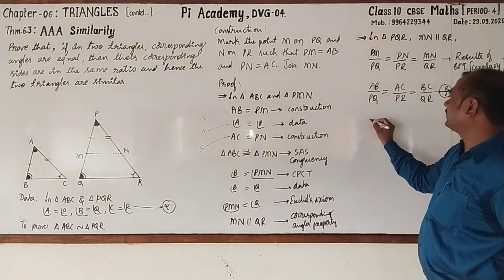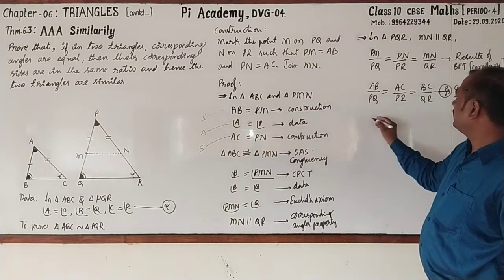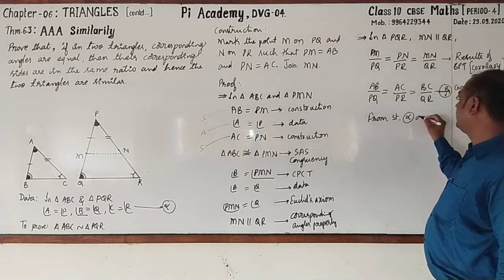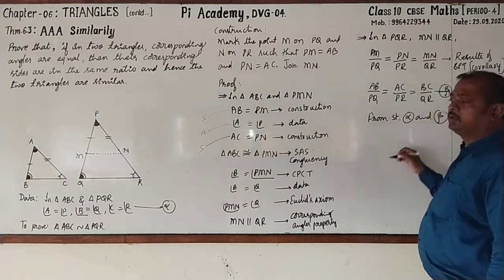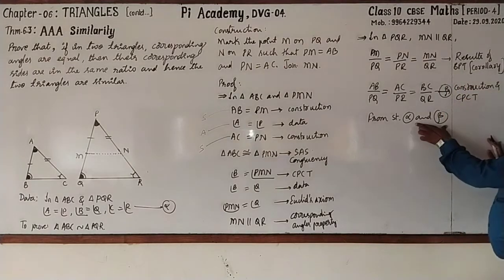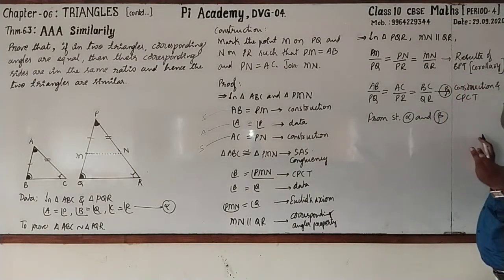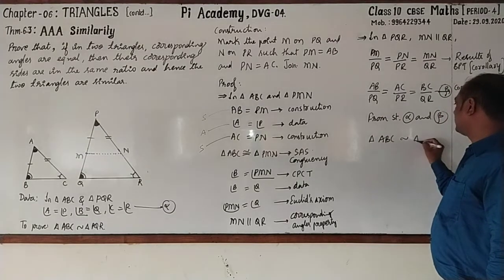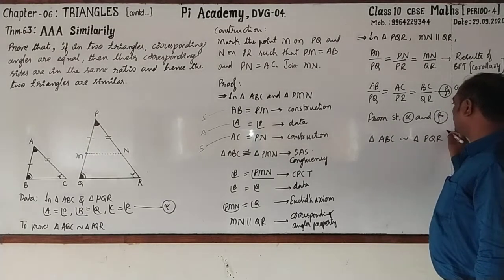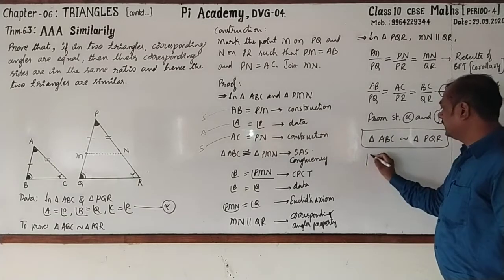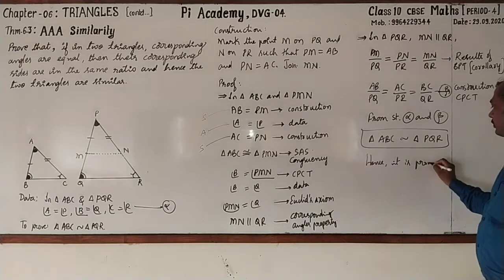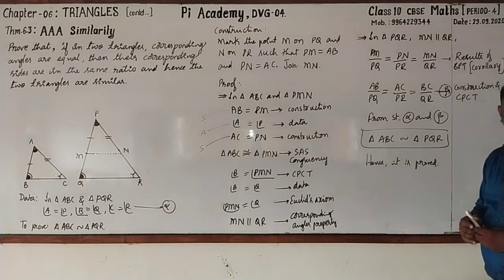Definitely. Here I write, from the statements alpha and beta, they will satisfy the definition of similarity of triangles. Therefore, we can write triangle ABC is similar to triangle PQR. Hence, the statement is proved. Is it not simple?